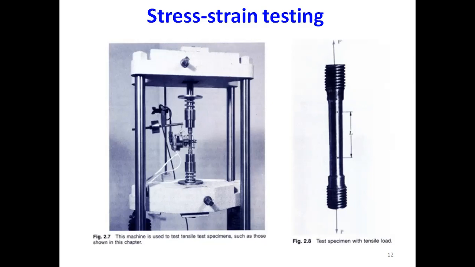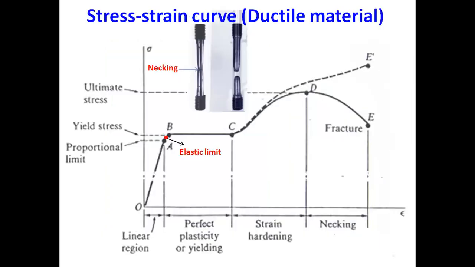Similarly, we are not directly measuring the strain, we are measuring the deformation. The software calculates the strain, or we could calculate the strain. So the machine is only measuring the force and deformation, doing the calculation and drawing the stress strain curve.